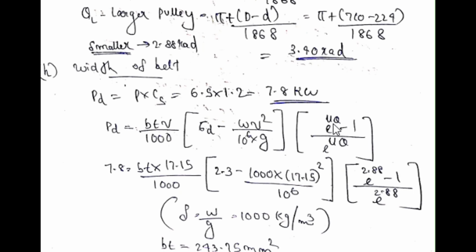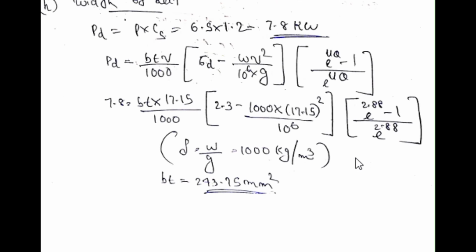This mu is 0.5, so 0.5 into 2.88 is here. Maybe the answer will be wrong, but you have to correct that. Mu will be 0.5, theta is 2.8, so here 0.5 into 2.8, and here also 0.5 into 2.8, so maybe the answer will vary slightly.